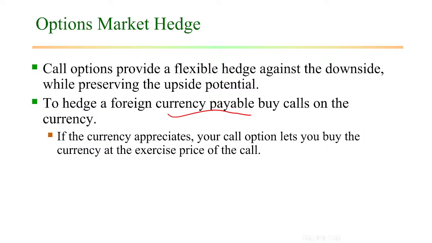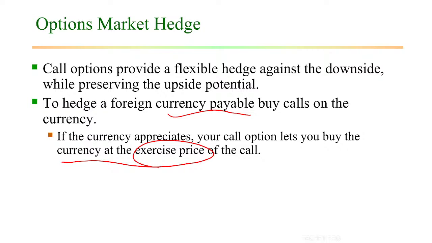Instead of selling the call options at a profit, we could exercise the call options to buy the currency at that exercise price, because if the exercise price is below the spot rate, then you have a gain.